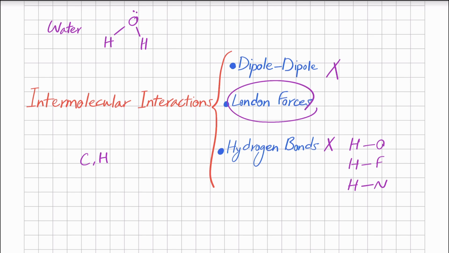What about London forces? When two non-polar molecules approach each other, they have a really temporary interaction that makes them polar for a really short period of time. We can say they are temporarily polar.